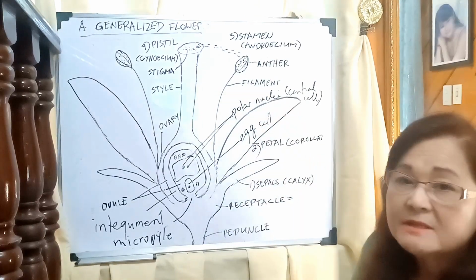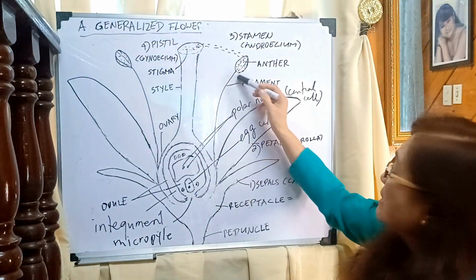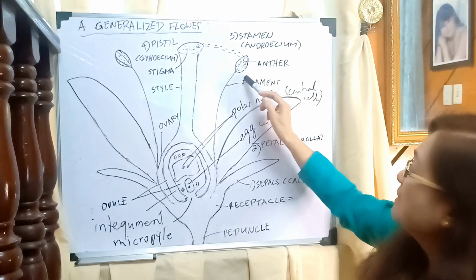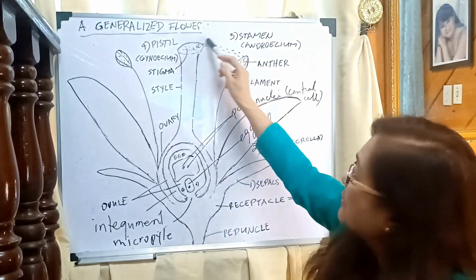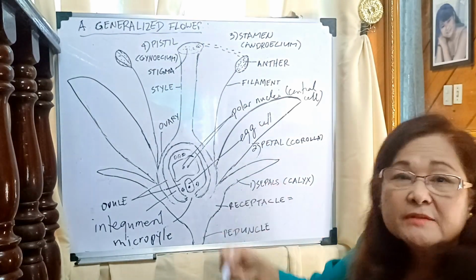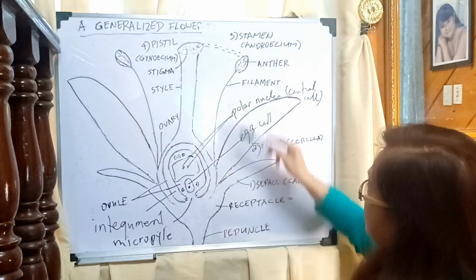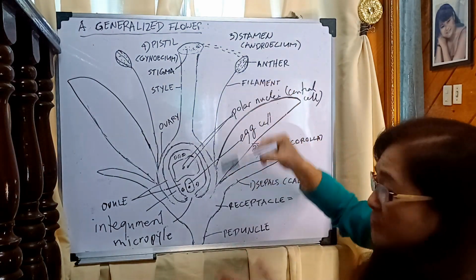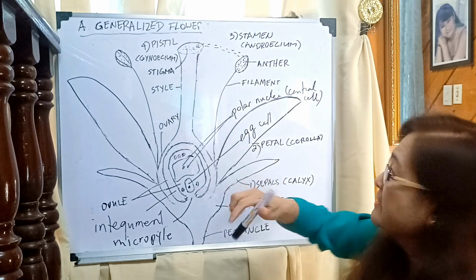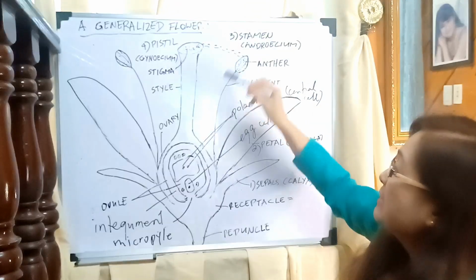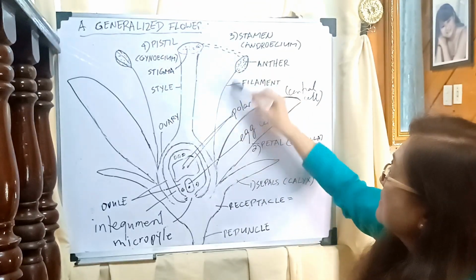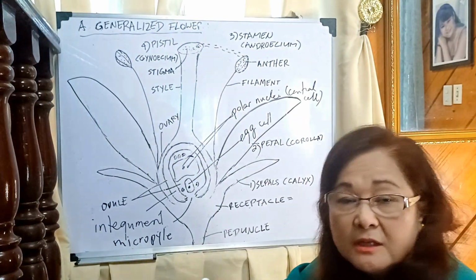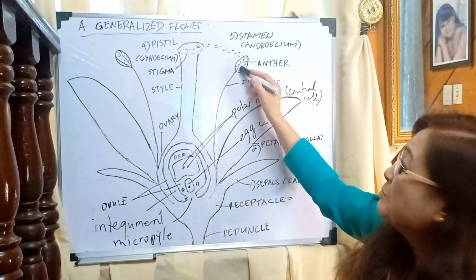Usually, the filaments are long so as to hold the anthers up high so that the pollen grains found in the anther could easily be dispersed by the wind to the stigma of the same flower or other flowers. Or it could be of just the right length, just so when pollinators visit the flower, the pollen grains in the anther will be able to stick to the body of the pollinators.